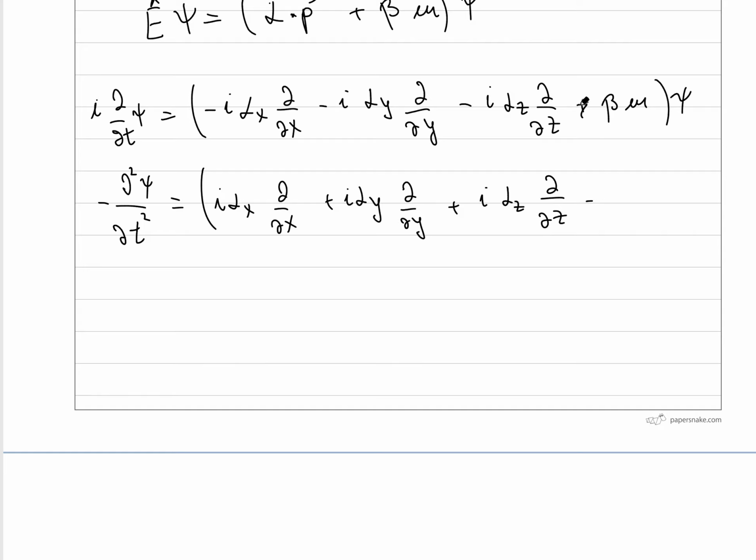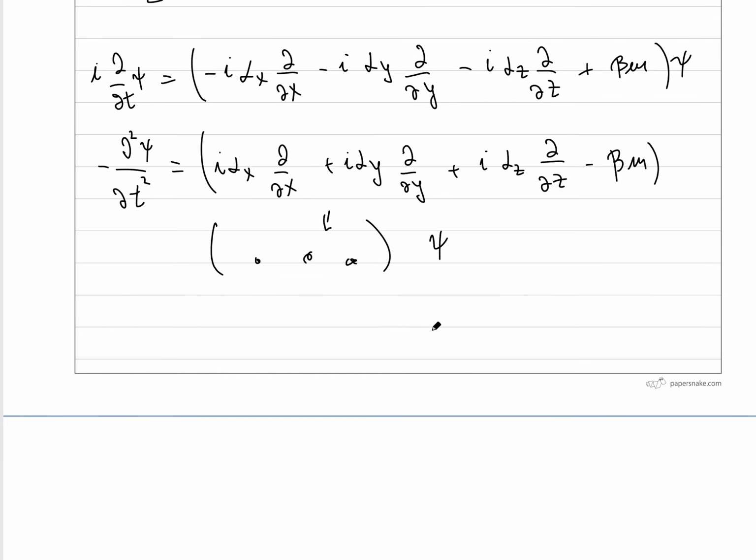Sorry for the confusion, here should be plus beta, here should be minus beta m, and then you have the same thing again, psi.